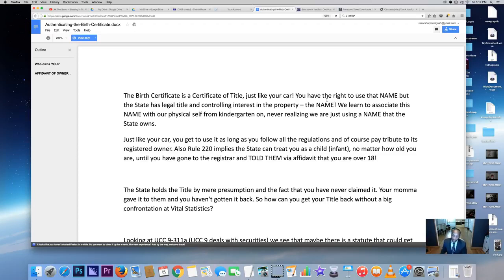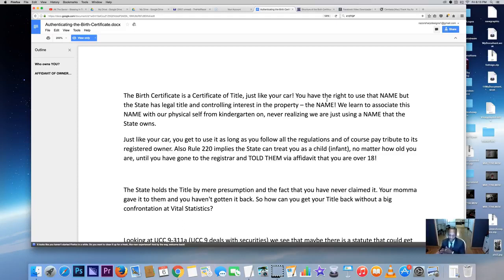Because that person whose name is on the certificate as the owner of the vehicle is still technically, by law, the owner of the vehicle, and so the owner of the vehicle actually transfers title ownership to the new buyer. Now, fast forward.